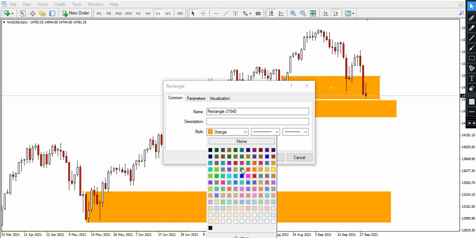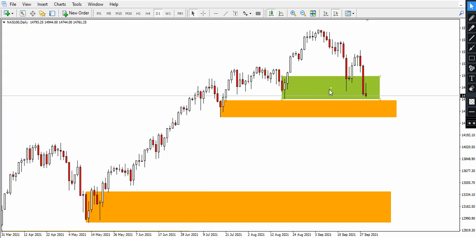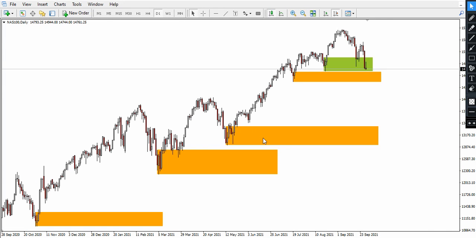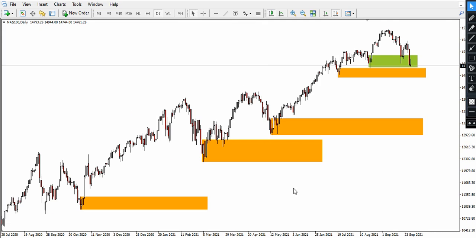Let me change its color to something else because this is what I want us to focus on. So as we can see now, NASDAQ has been bullish, but we took from the 20th of October. So on daily time frame, should NASDAQ break this price here, then we'll consider NASDAQ to be bearish for some time.